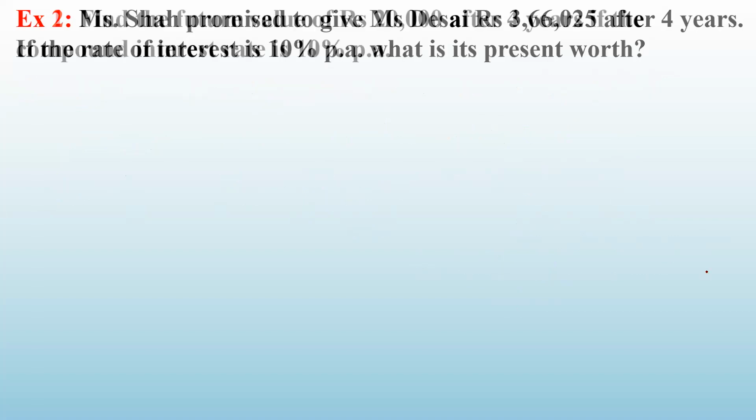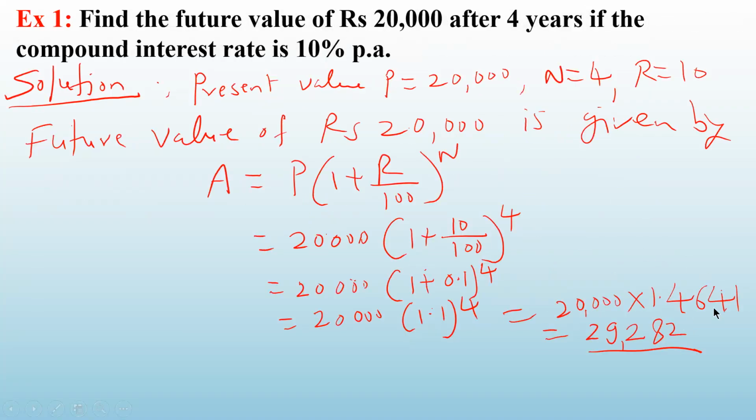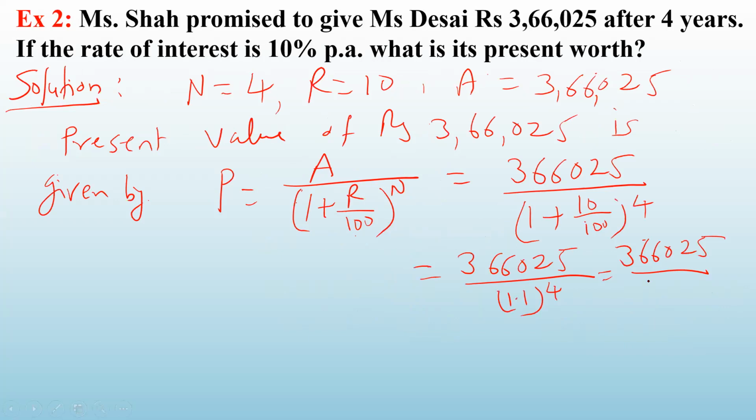I think in the previous problem we have already calculated 1.1 raised to power 4 as 1.4641. So when you divide 3,66,025 by 1.4641, you will get 2,50,000.